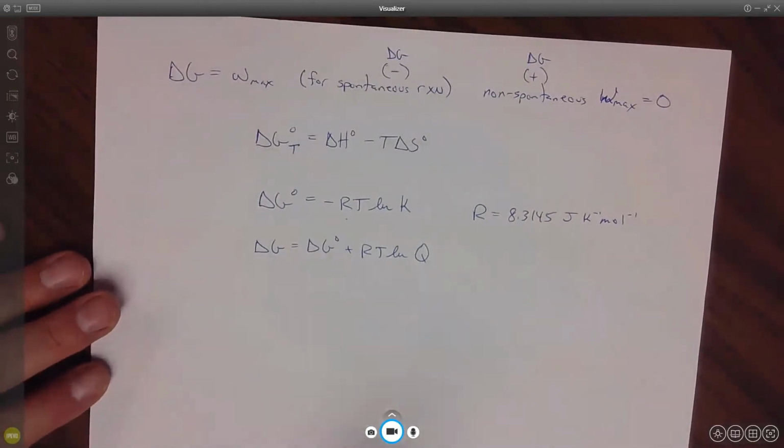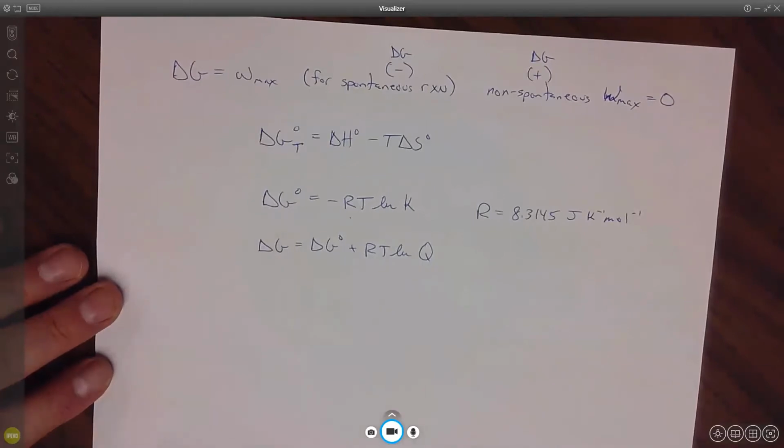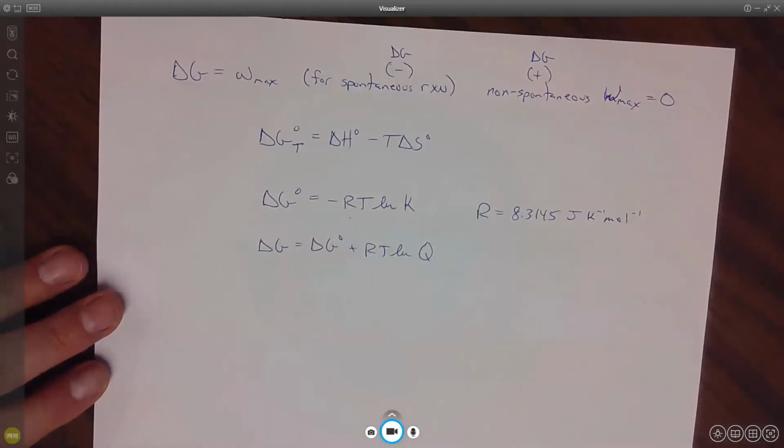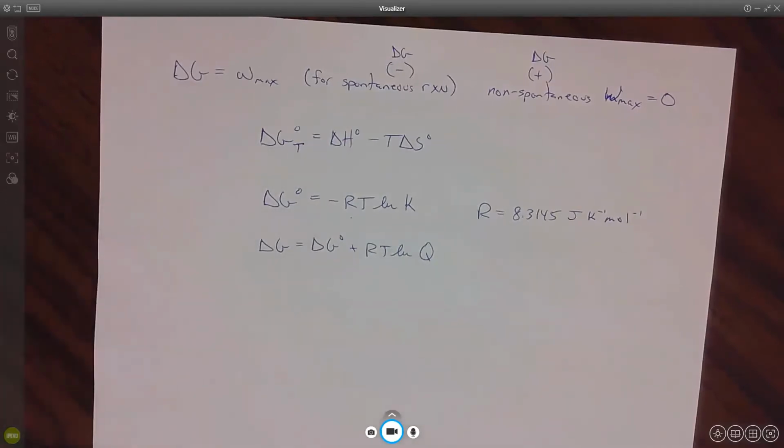And if it's at equilibrium, what do you think del G is going to be? Well, del G is going to be 0, right? If negative is spontaneous and positive is non-spontaneous, well, 0 must be equilibrium, which again is spontaneous, but we'll refer to it as equilibrium.